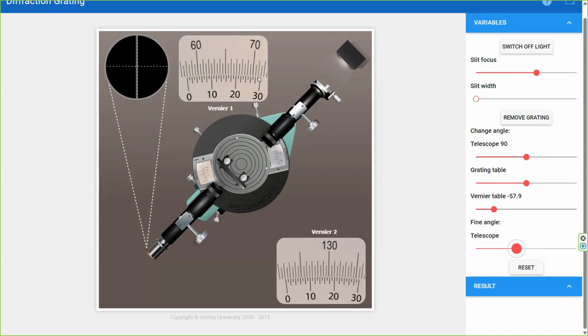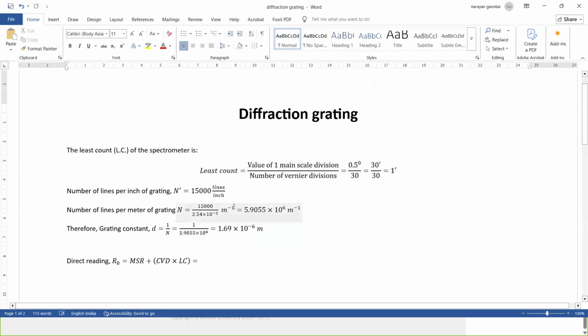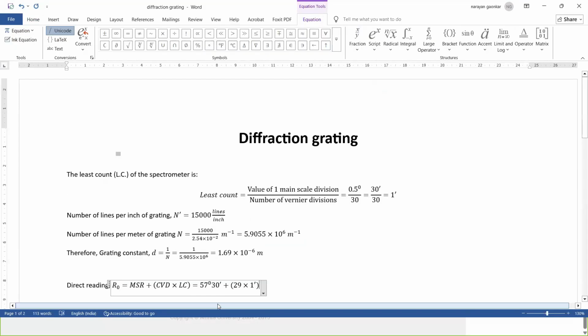Now I will take that direct reading and use the formula to calculate the total reading. Here MSR is 57 degree 30 minute and the coinciding vernier division is 29, and that has to be multiplied by the least count of the spectrometer, that is 1 minute.